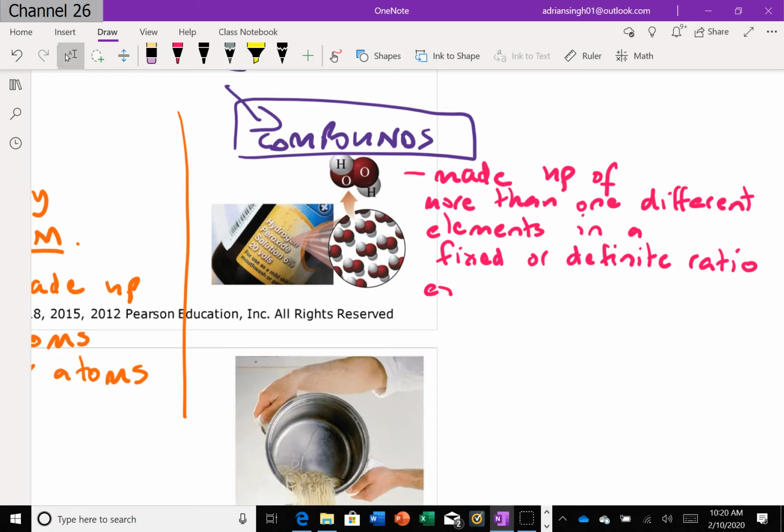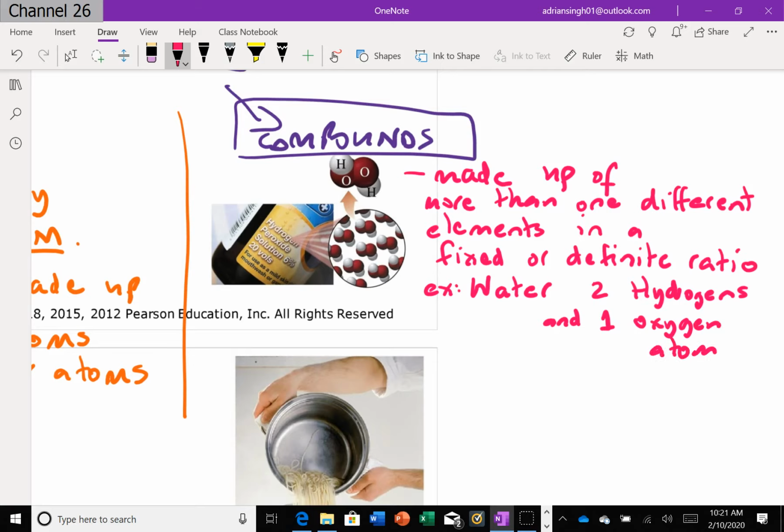So an example of this would be water, right? Water itself is a pretty common substance, and it's a pure substance. If you just have a sample of water, it's made up of two hydrogen atoms and one oxygen atom, right?